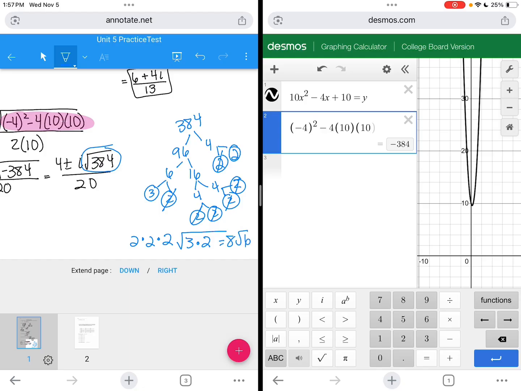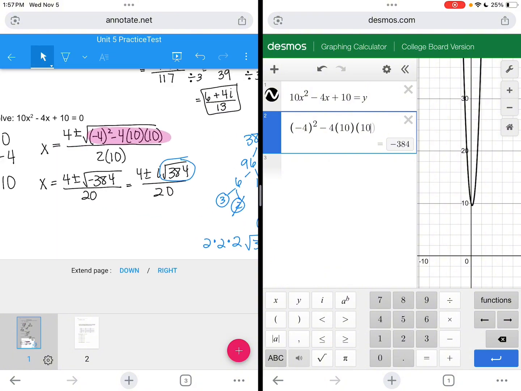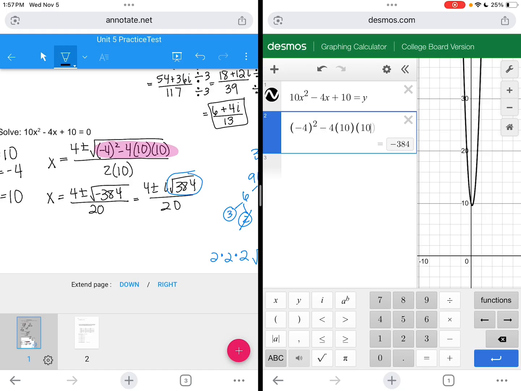Okay, so let's go back over to our problem and keep going. So we're going to get 4 plus or minus, and now that's going to be 8i root 6 instead of root 384, over 20. Now I can divide the 4, the 8, and the 20 all by 4.